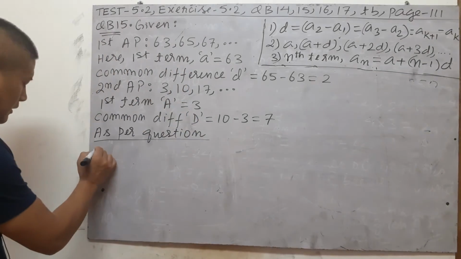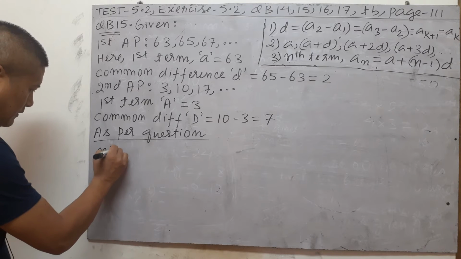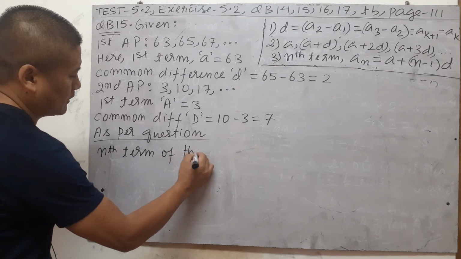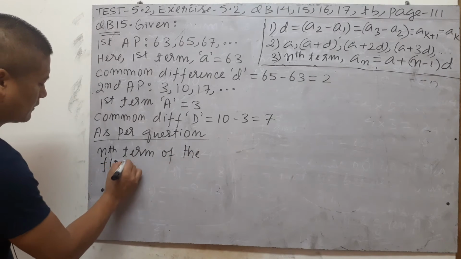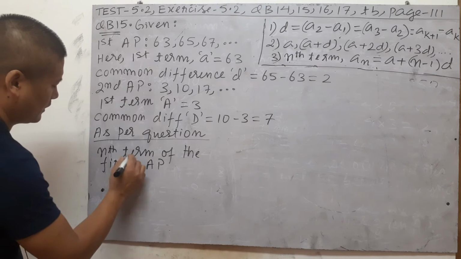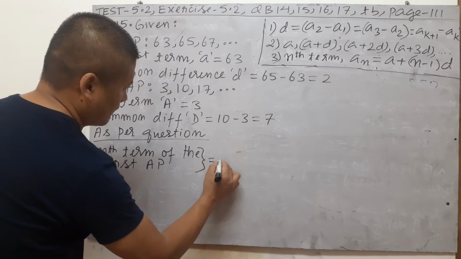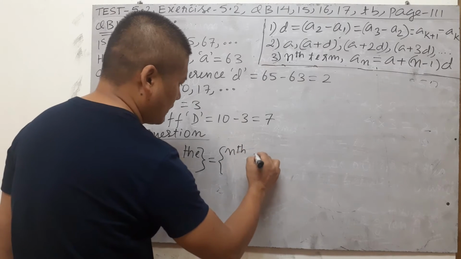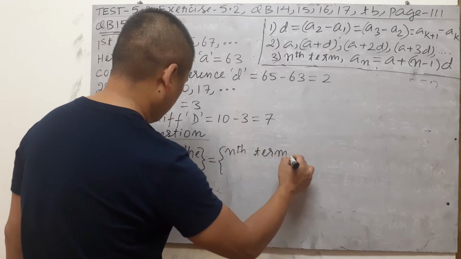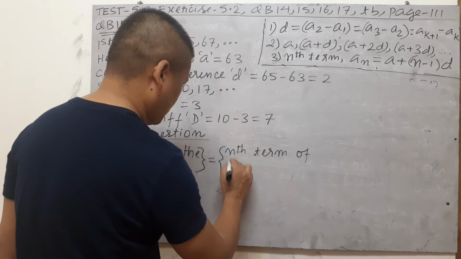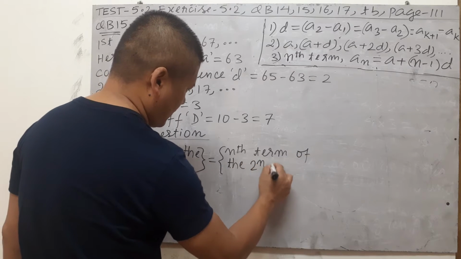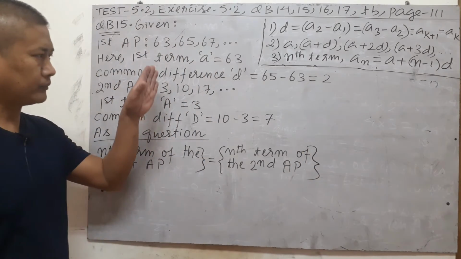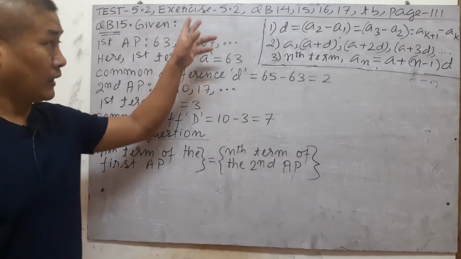So the question is saying the nth term of the first AP is equal to the nth term of the second AP, the value of the term in the nth position.